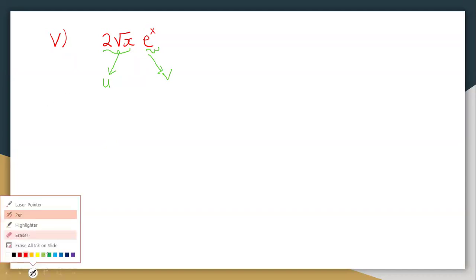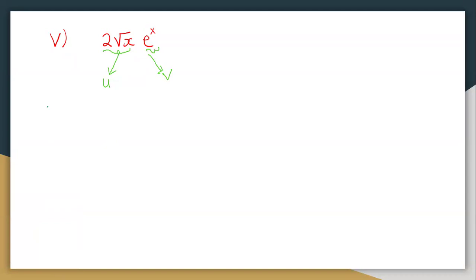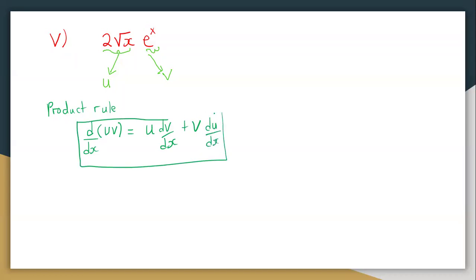And you remember very well, how does the product rule state? It states that whenever I have d/dx of two functions u and v, this is the same as having u dv/dx plus v du/dx. So this is the rule we are going to apply.